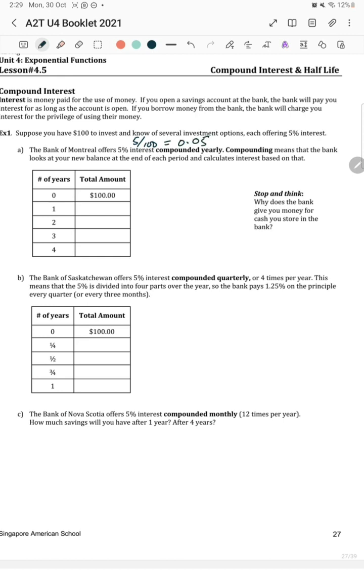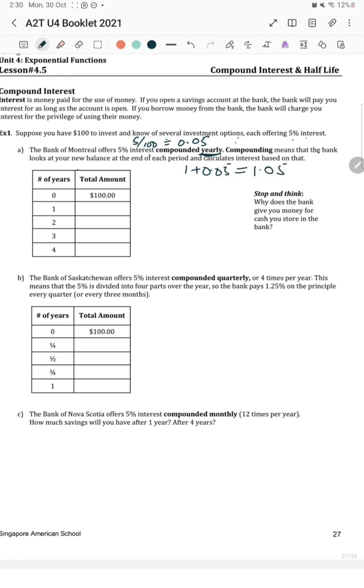The amount at 0 years was $100. So next time the amount would be 100 times, since the bank offers 5% interest compounded yearly, for 1 year we multiply by 1 plus 0.05, which is equal to 1.05.